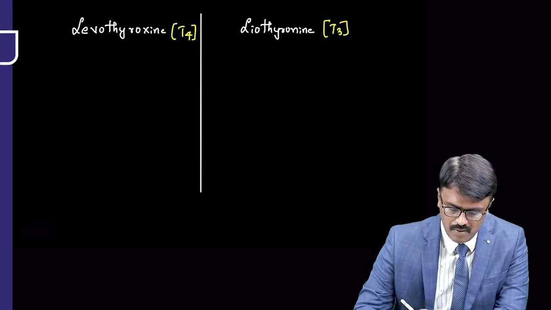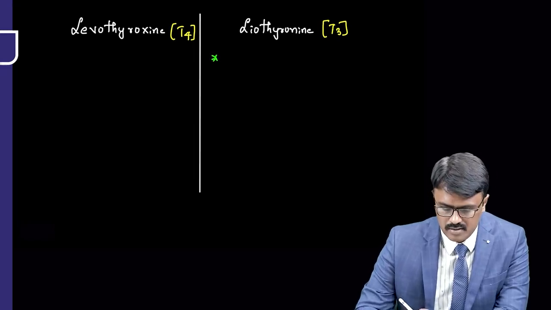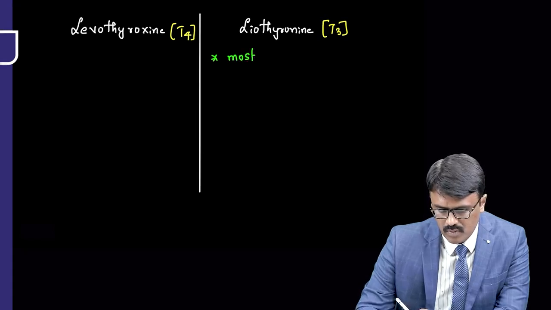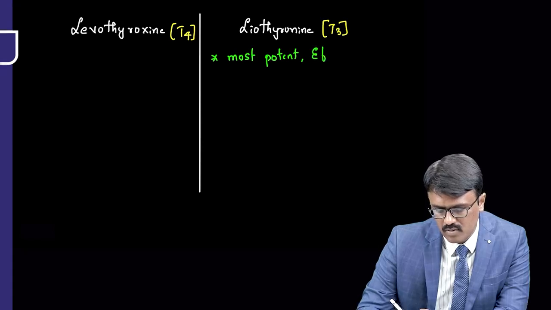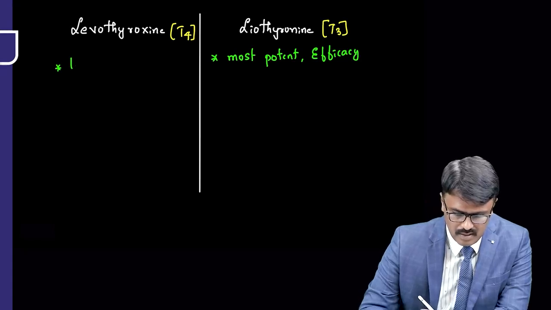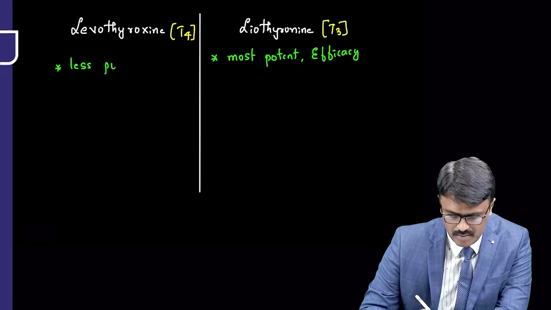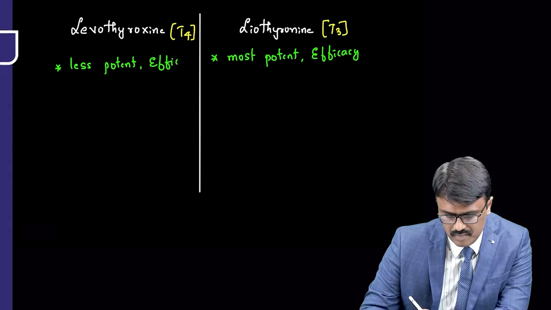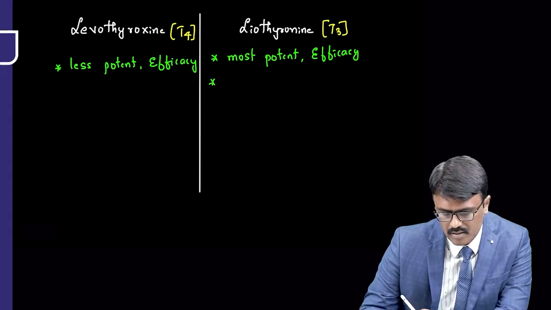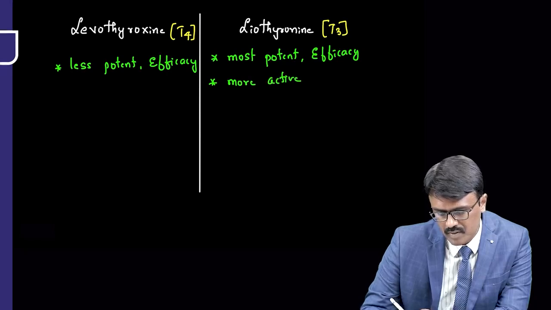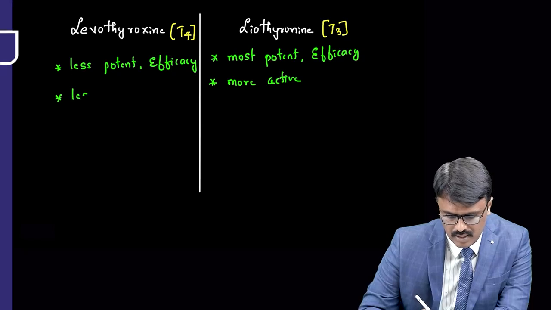Now, importantly, liothyronine is the most potent hormone. It is most potent and most efficacious. This is less potent and less efficacious. And liothyronine is more active, and this is a less active hormone.